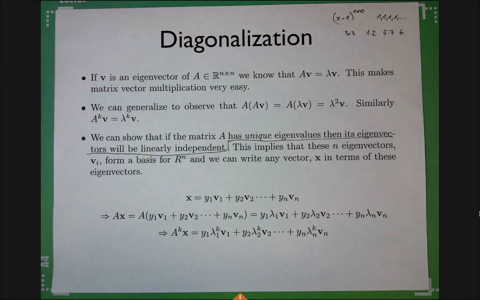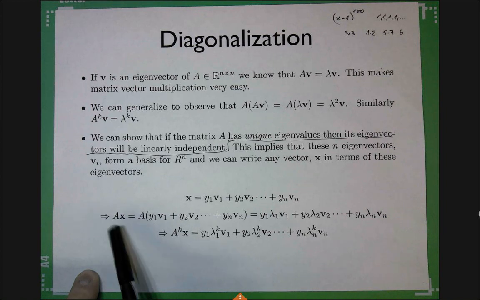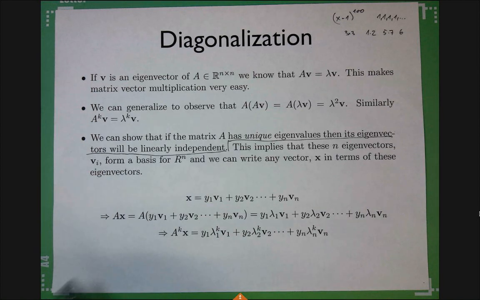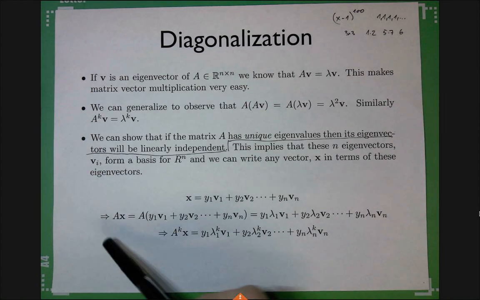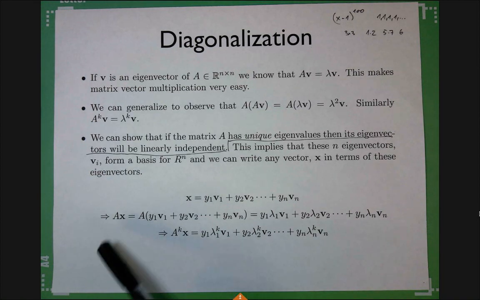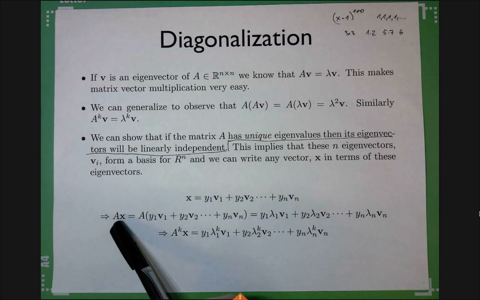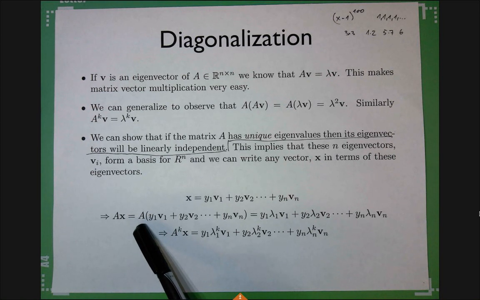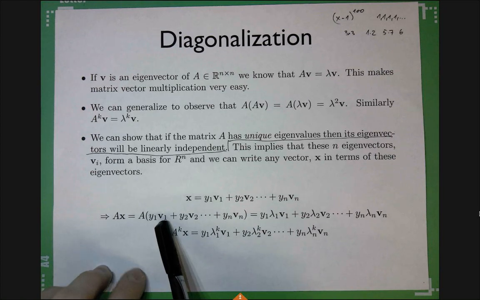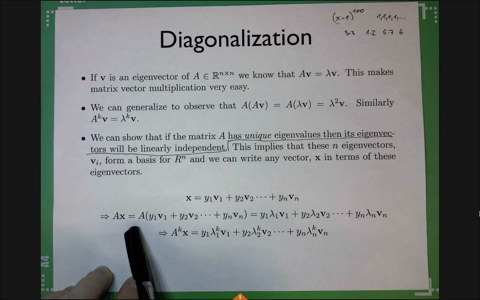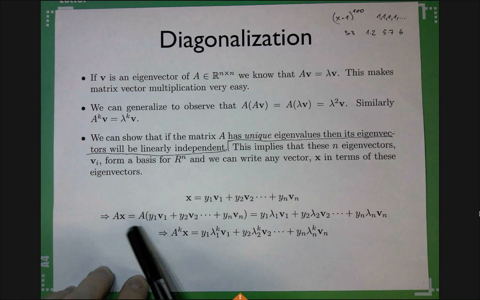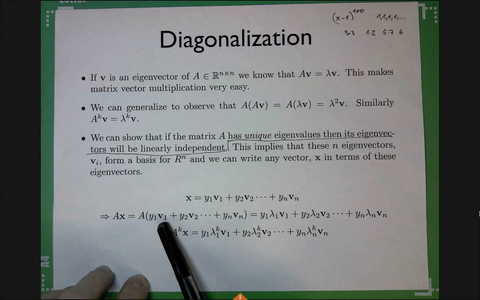Okay. Now let's see what happens if I apply the matrix to the vector x, or just do the matrix-vector multiplication Ax. That's what I mean by applying, or subjecting it to the linear transformation represented by A. Because the v's are eigenvectors of A, the matrix is doing nothing but scaling the vectors v.